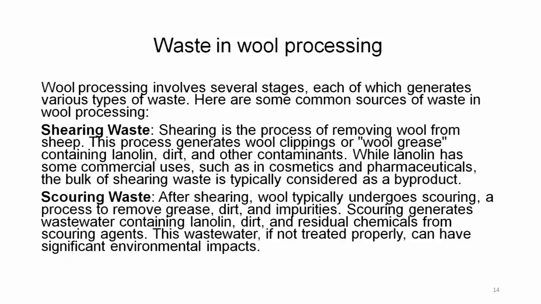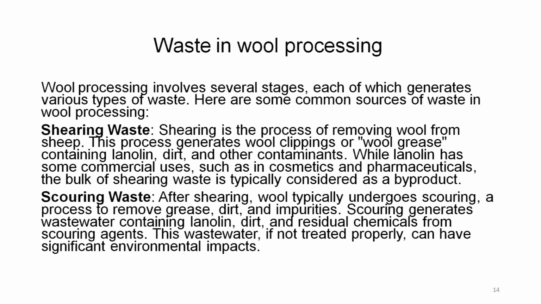So, waste in wool processing. Wool processing involves several stages, each of which generates various types of waste. Here are some common sources of waste in wool processing. Shearing waste. Shearing is the process of removing wool from sheep. This process generates wool clippings or wool grease containing lanolin, dirt and other contaminants.